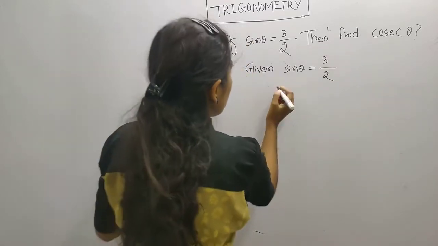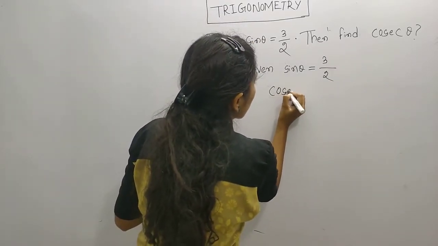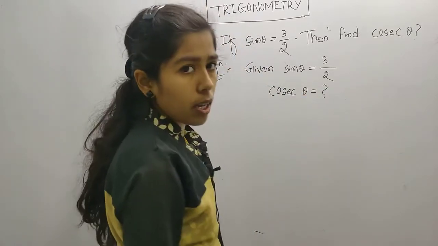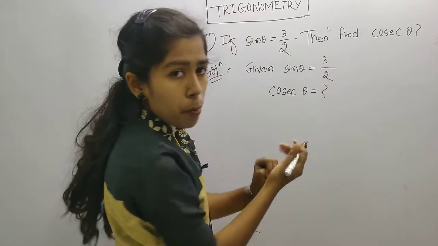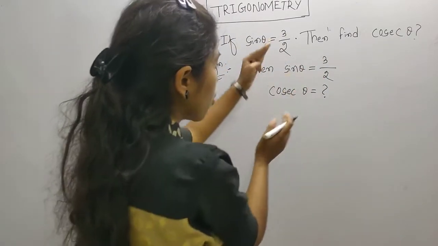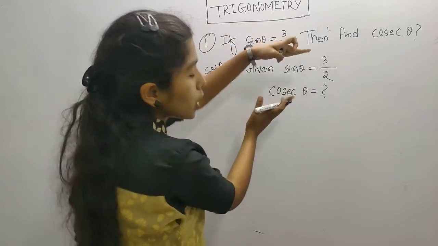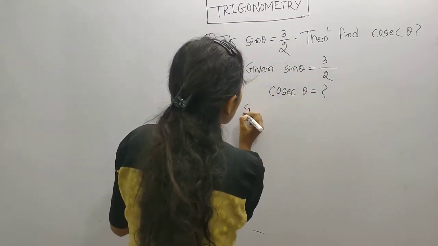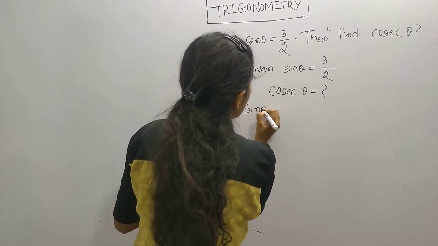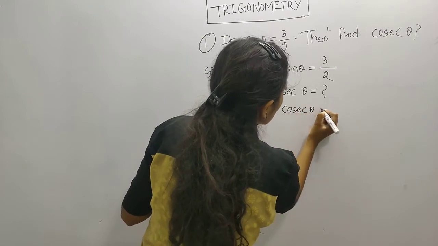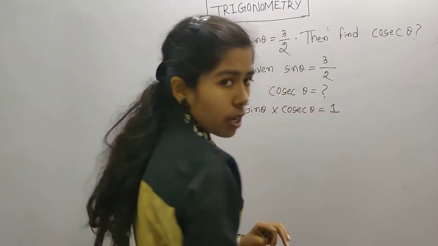Find cosec theta means you will write cosec theta equals to question mark. First you have to write the given part, then what's asking in the question. Then you have to see what is the relation between these two, sin theta and cosec theta. So, what is the relation we already know? Sin theta into cosec theta equals to 1, right?